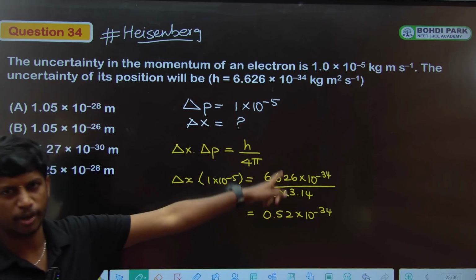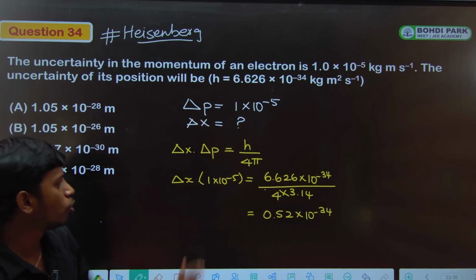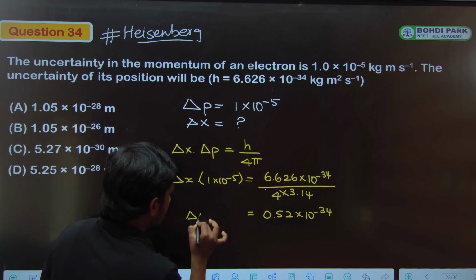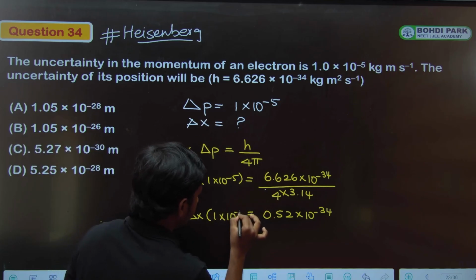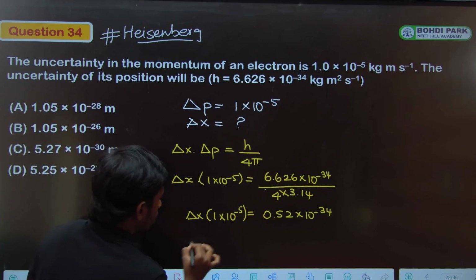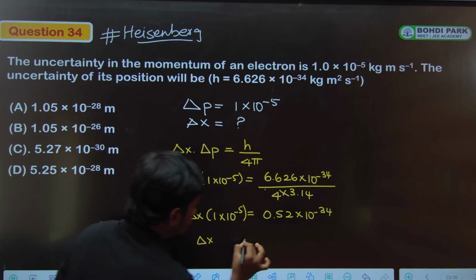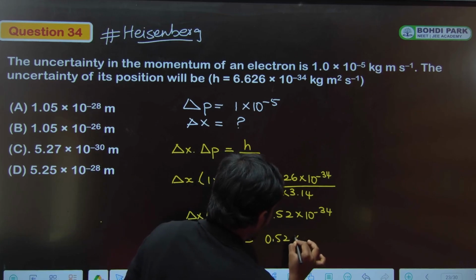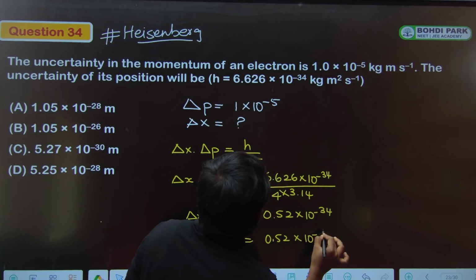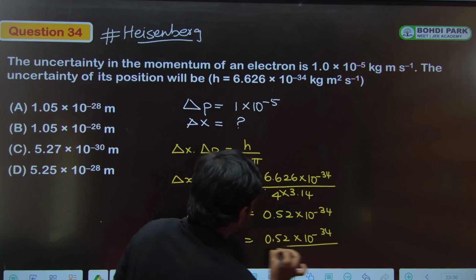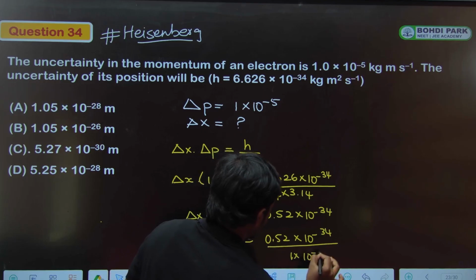Remember this value, because we can't solve it every time. 0.52. So delta x into 1 into 10 to the power -5, and delta x is equal to 0.52 into 10 to the power -34 divided by 1 into 10 to the power -5.